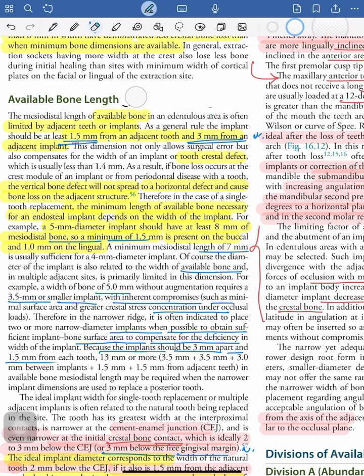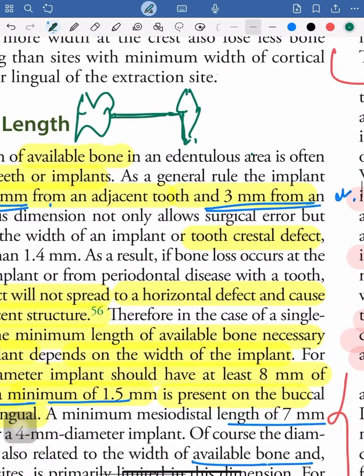All right, so suppose you have a tooth over here, there is an edentulous space, and you have one more tooth over here. So we have to place an implant in this edentulous site. So how do we plan? See, if it is a tooth, you need 1.5 millimeter of distance from the adjacent tooth.